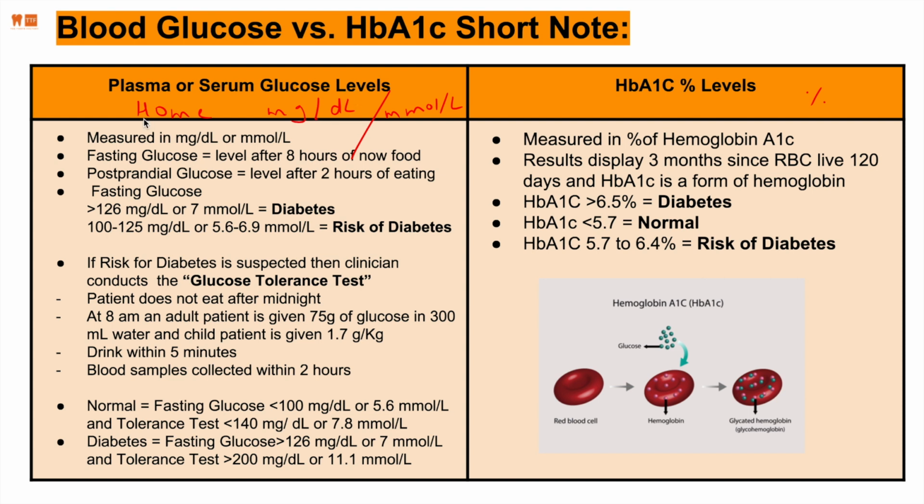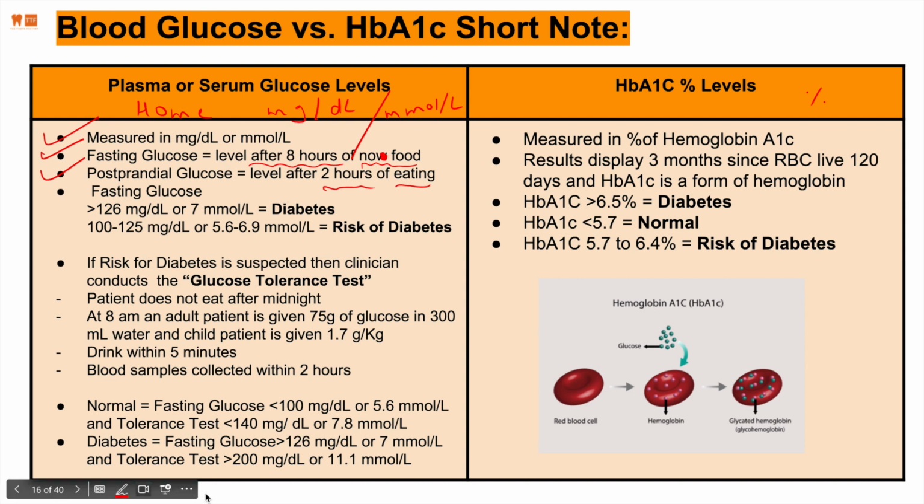Plasma or serum glucose levels are measured in milligrams per deciliter or millimoles per liter. There's fasting glucose and there's postprandial glucose. Fasting means level of glucose after 8 hours of no food. 8 hours. So basically when you wake up. Postprandial glucose level after 2 hours of just eating.